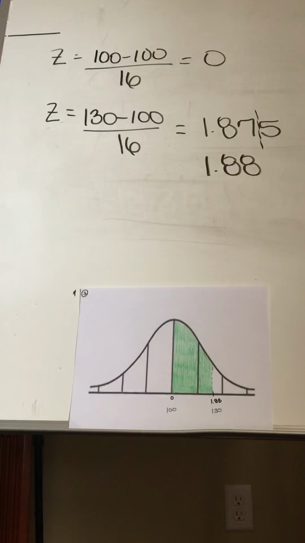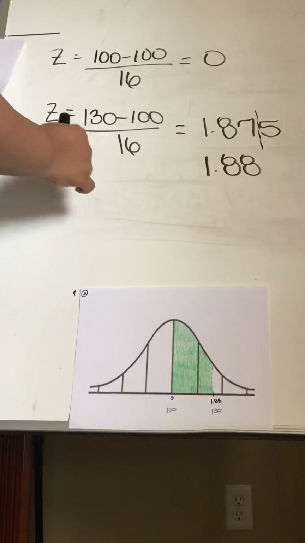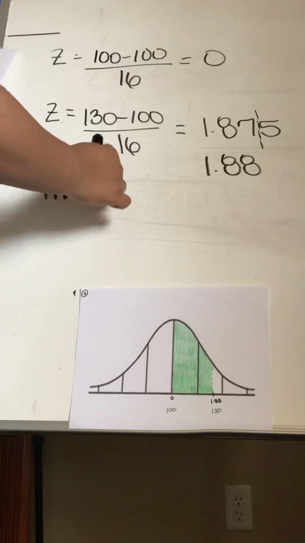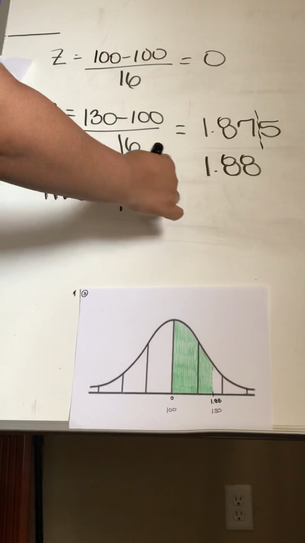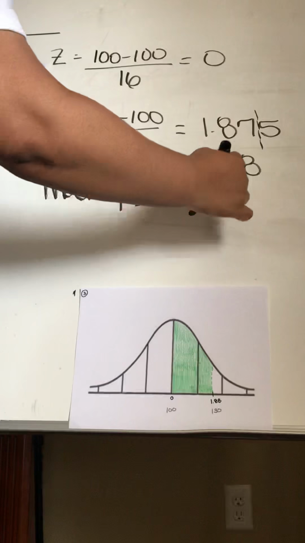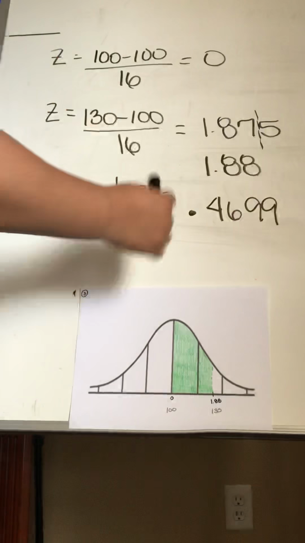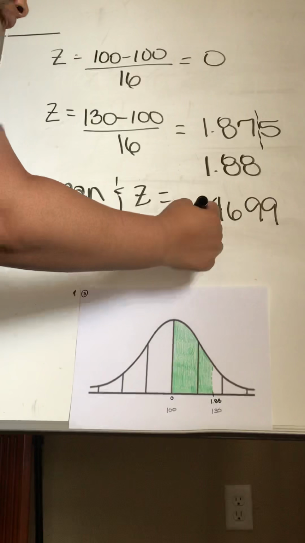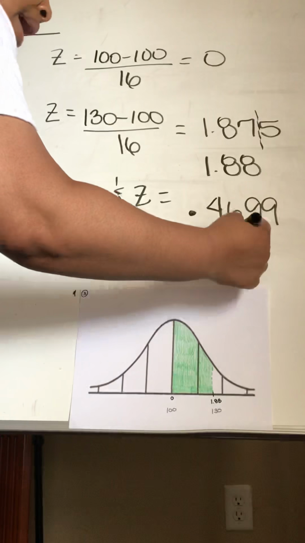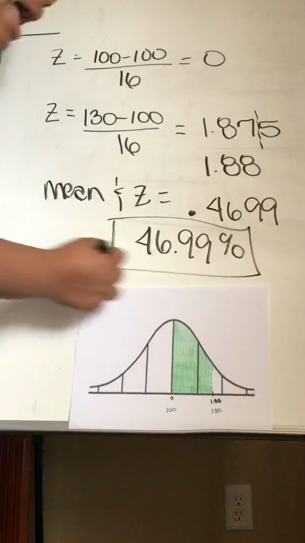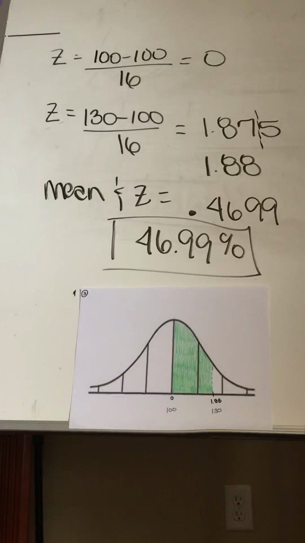So you just need to go look for the mean and z-score for 1.88. And you will find that the measurement is going to be 0.4699. And that would be 46.99%. There's no subtracting to do on this problem. That's a direct portion between mean and z.